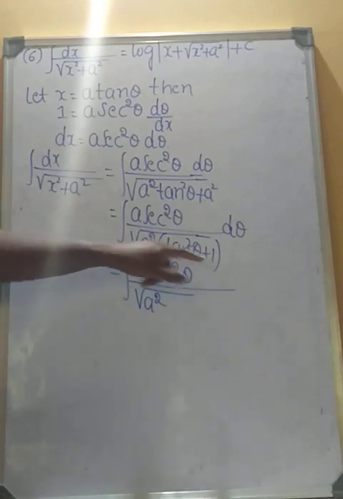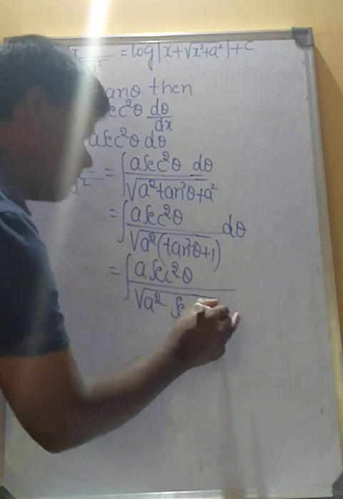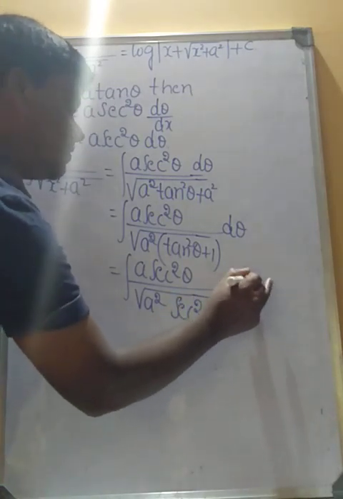Tan square theta plus 1 is secant square theta, into d theta.